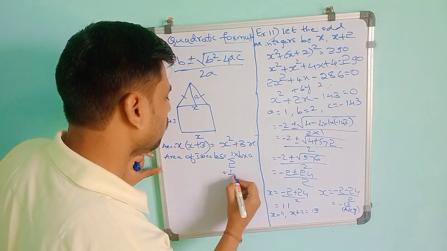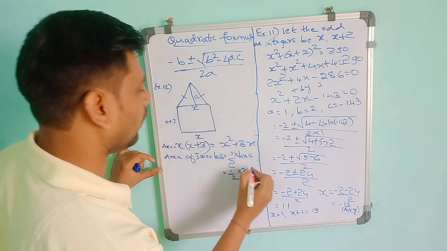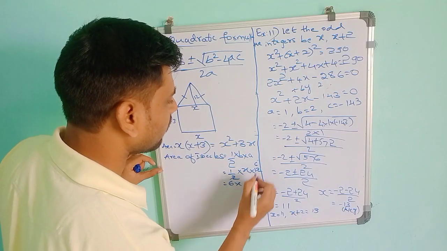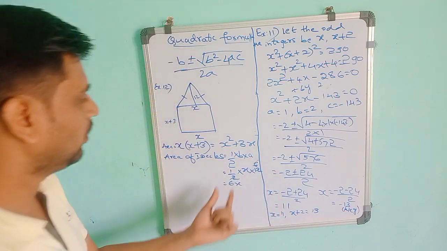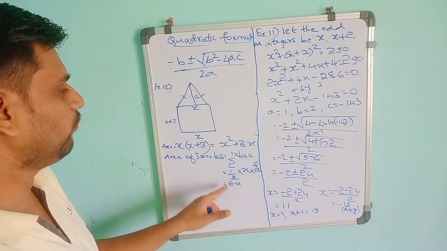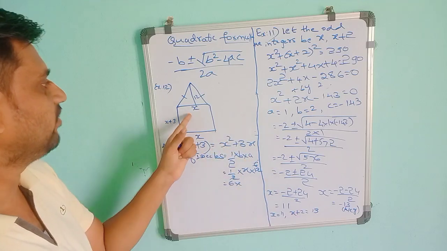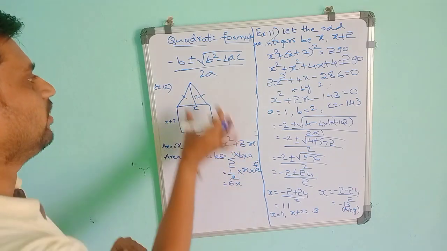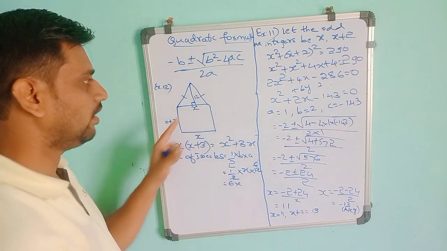So half into base, base is x, altitude is 12. So 2 sixes are 12, so it will be 6x. The formula is area of isosceles is half into base into altitude. Isosceles means these two sides will be equal. Altitude means it will make an angle 90 degree.